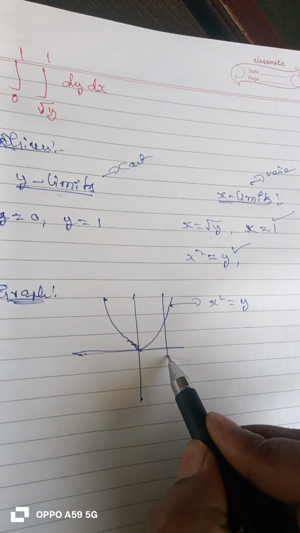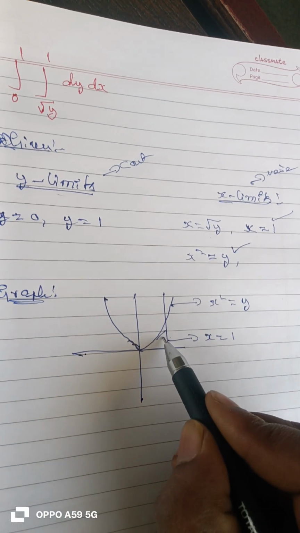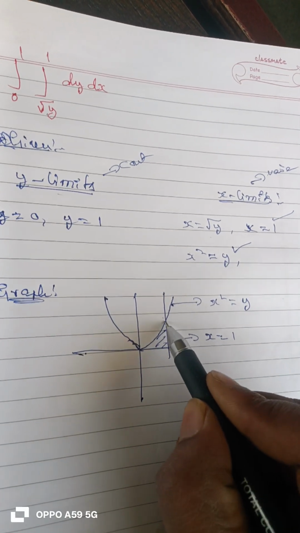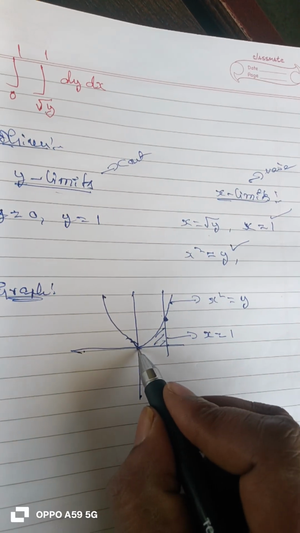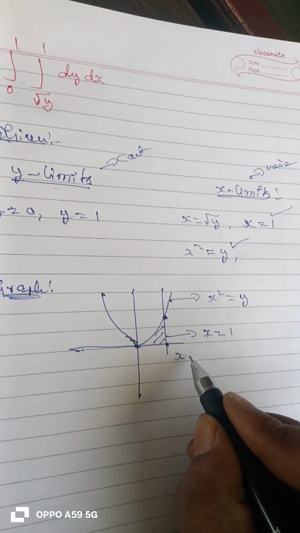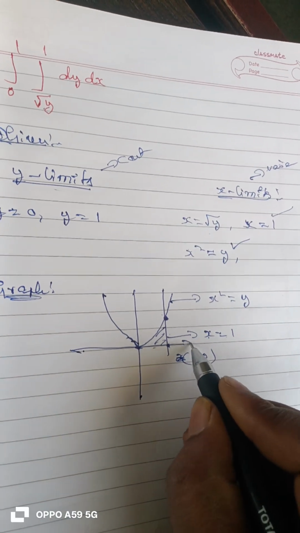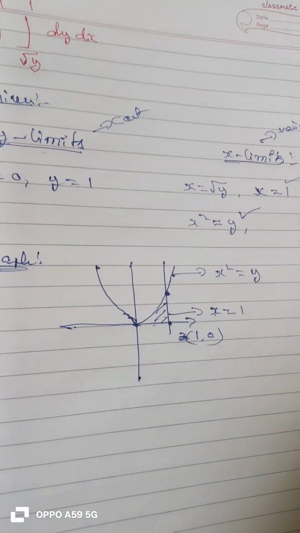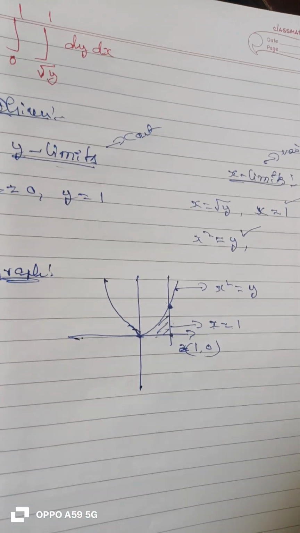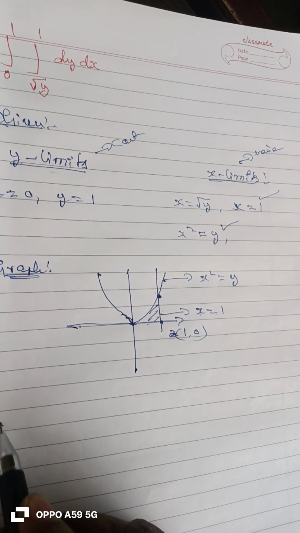So let me write, this is x is equal to 1. So the common region is this one. This point of intersection we need to verify. x is equal to 1 means here this is 1 comma 0, on the x-axis the y value will be 0.